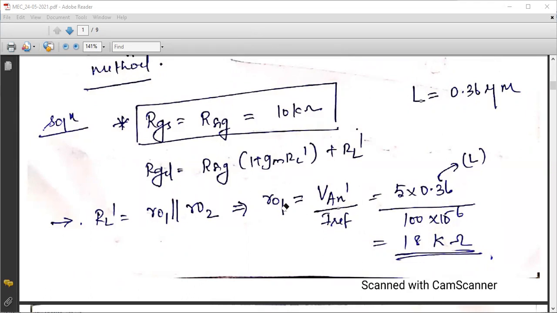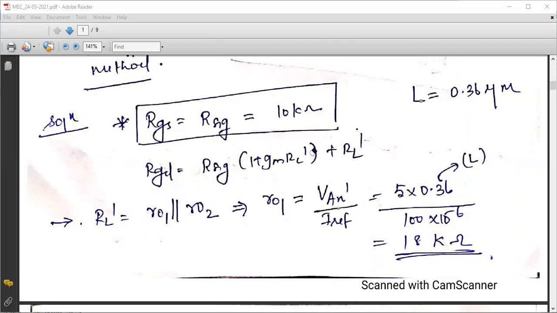Since the first MOSFET Q1 is an NMOS transistor, we can write it as VAN dash by the drain current, which is the same as the reference current, because it is a current mirror circuit that we have in the output load circuit. So the equation for small ro is VA by ID. ID is the same as IREF. So the equation will become VAN dash by IREF.